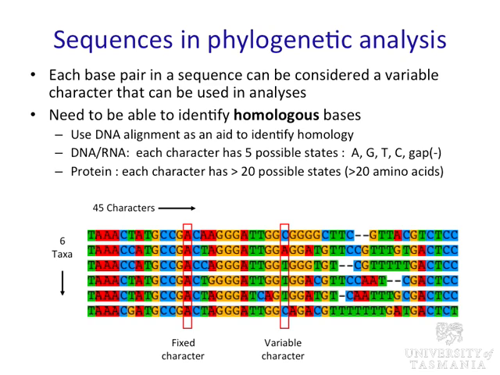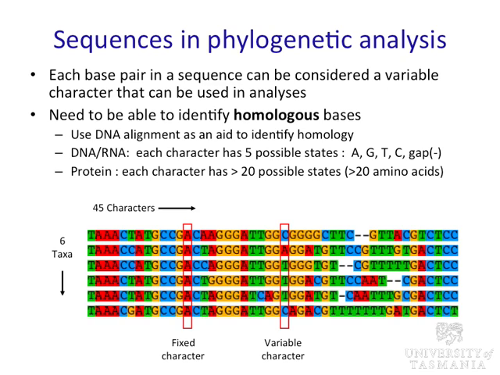Alright, so in a DNA alignment, each position in our alignment has 4, in fact 5, possible states. It can have an A, G, T or a C, or it can have a gap, because we've had to insert one in there to keep everything aligned. That means no base, basically. Proteins are somewhat different because we're then aligning amino acid sequences.